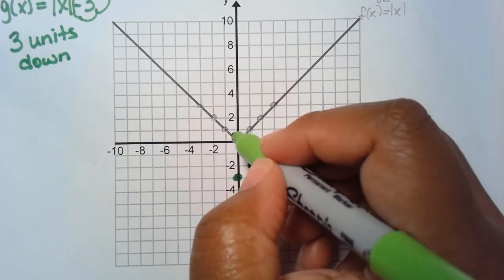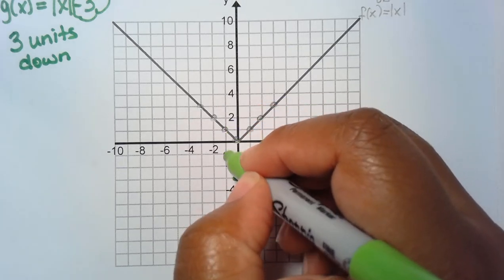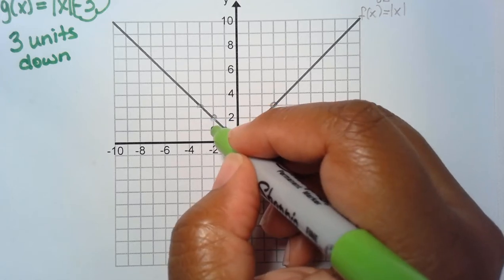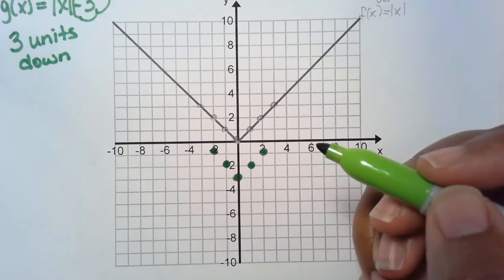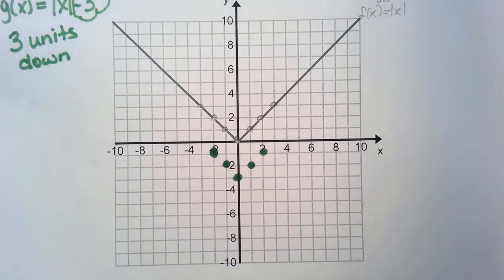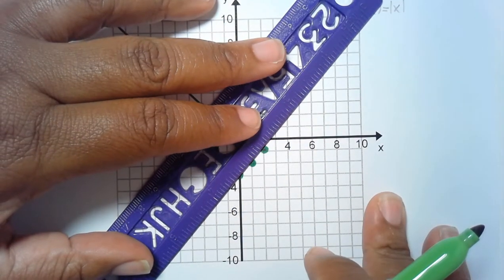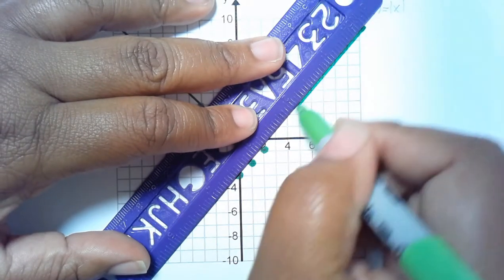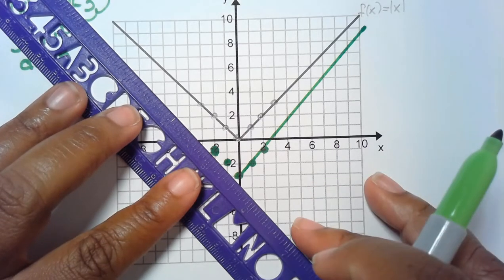And we're going to go on the left hand side, negative 1, 1, count down 3 units. 1, 2, 3. We have negative 2, 2, count down 3 units. 1, 2, 3. Okay, so we have a few points. That's all we need. We don't have to look at every point on the parent graph. And let's connect.